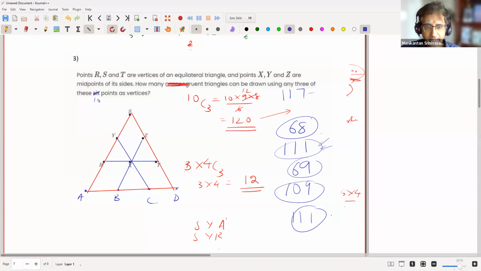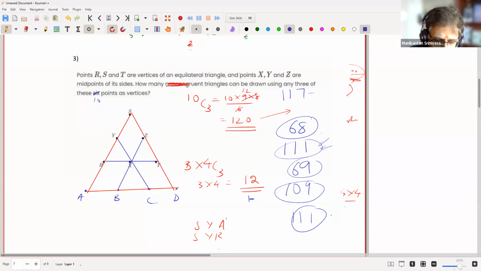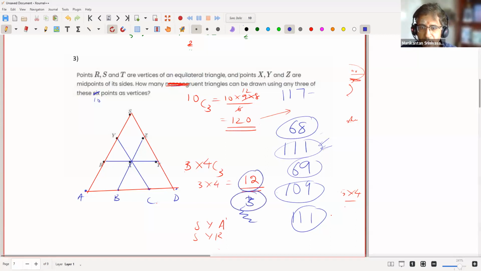YXC, ZXB, and RXT. So there are 3 of them to be eliminated there as well. I think these are the only ones. Okay, so these 3, right? So there's 12 here, and then there are 3 here, which are 15 to be subtracted. Therefore, I think it's 105.